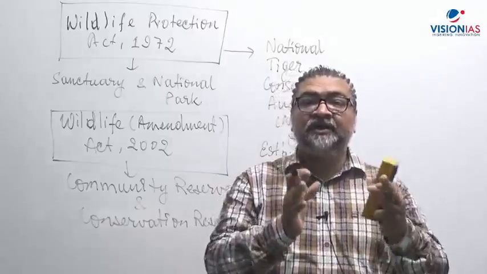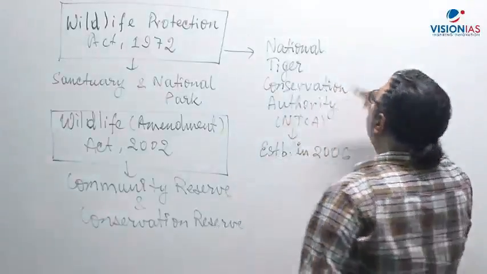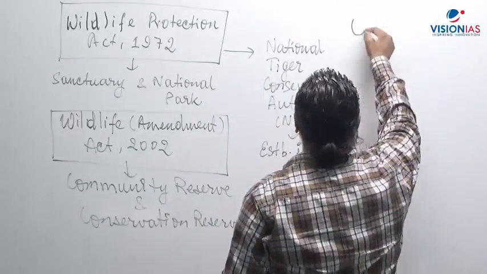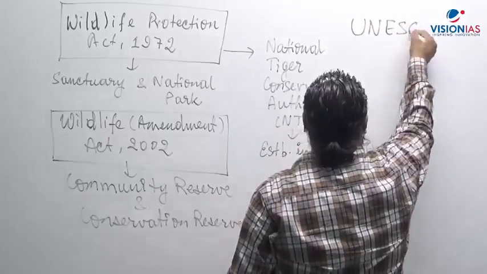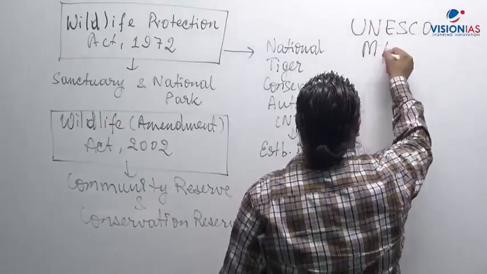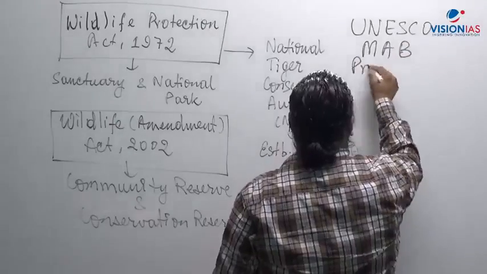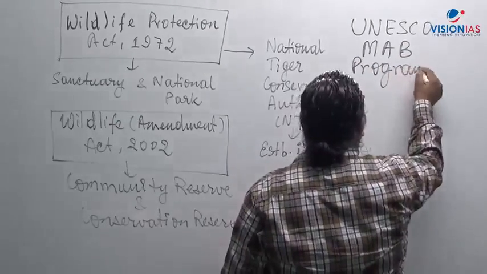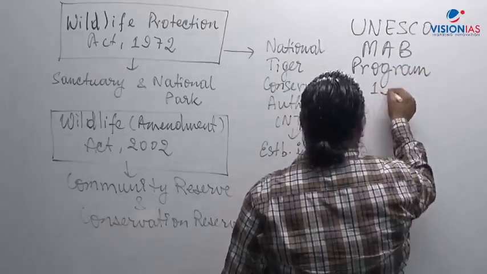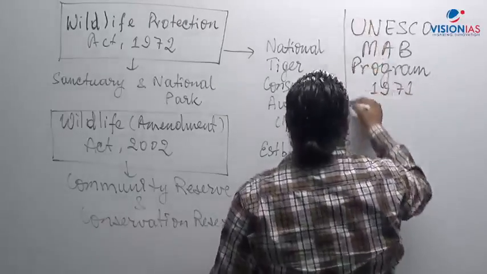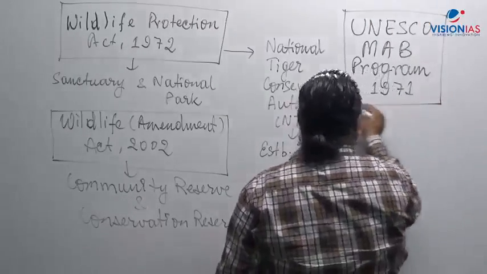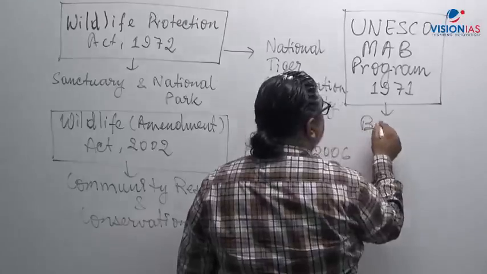There are 18 biosphere reserves. So biosphere reserve comes under the UNESCO Man and Biosphere Program of 1971, where there is a provision of a biosphere reserve. We'll see what comes into that.